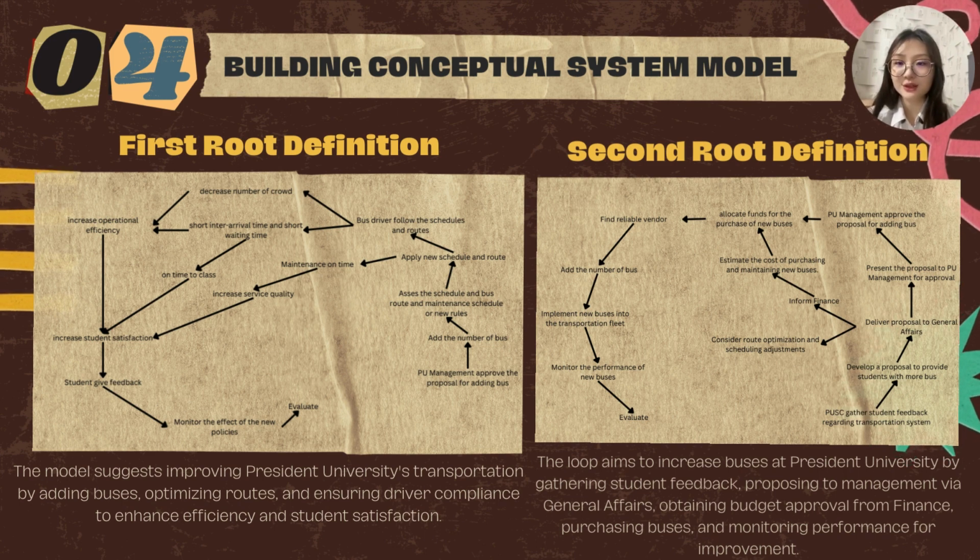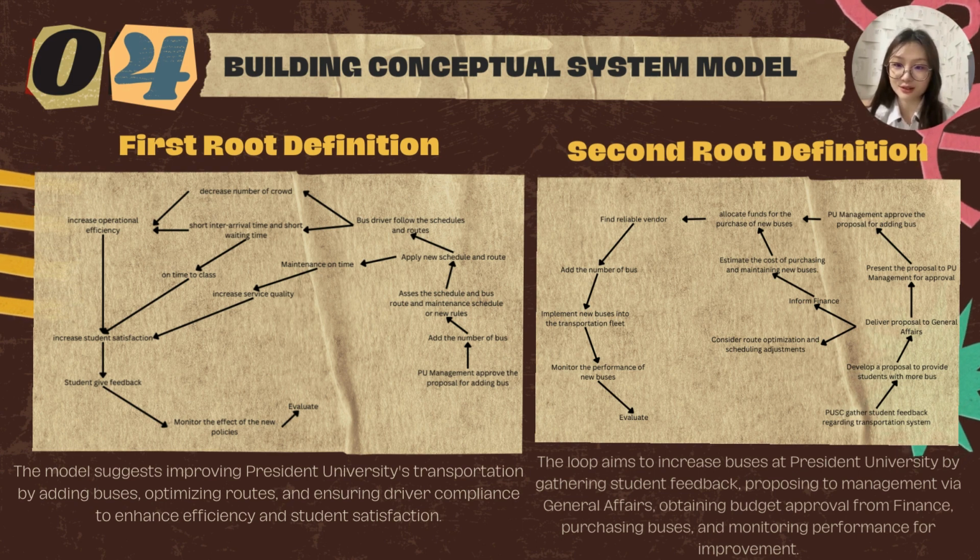Based on the findings of the evaluation, the model suggests implementing strategic changes to optimize the transportation system. This includes adjustment to schedules and routes designed to better align with students' needs and preferences. Moreover, ensuring compliance with the new regulations by bus drivers is essential for maintaining consistency and reliability.